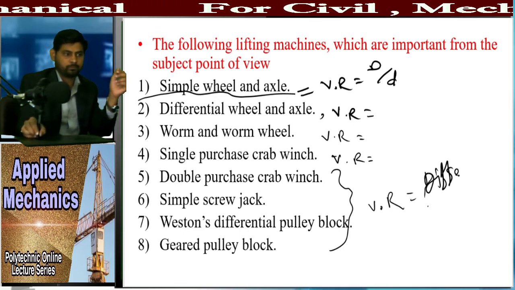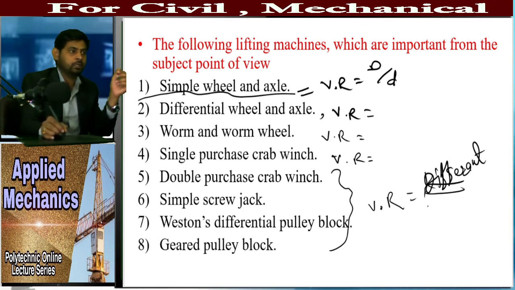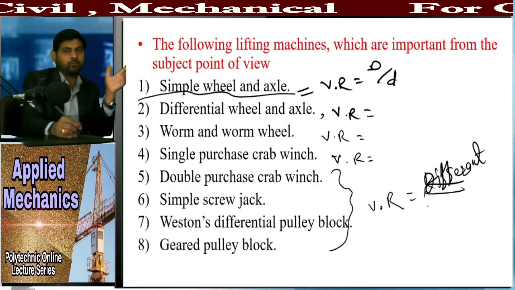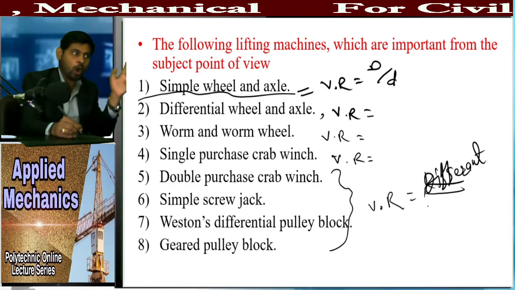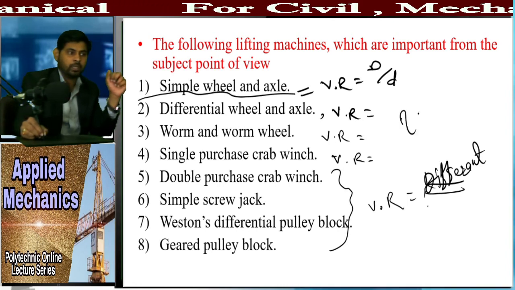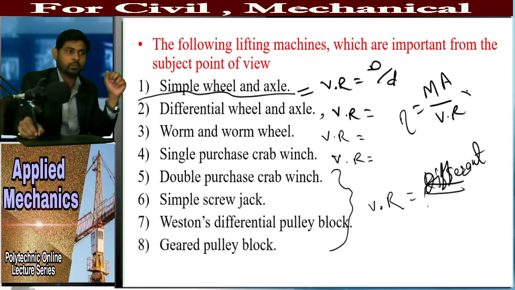So this is the most important thing while studying all these machines, because previously the value of velocity ratio was given, or we could find the velocity ratio using efficiency is equal to mechanical advantage divided by velocity ratio into 100.